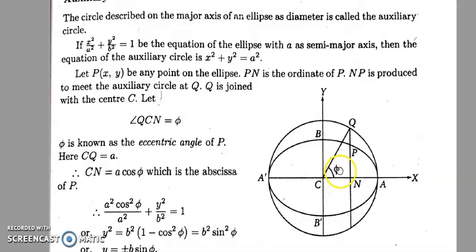So this angle phi is called the eccentric angle of the point P.